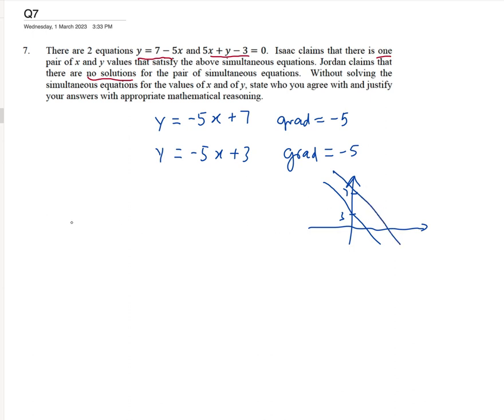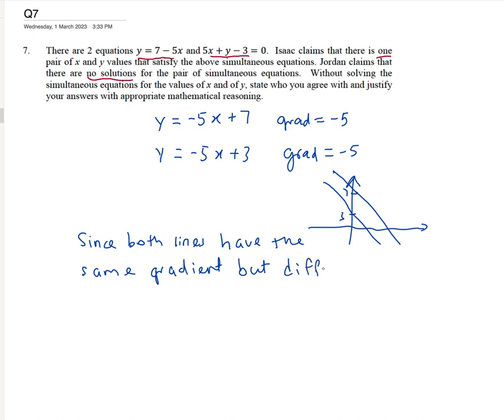So we say that since both lines have the same gradient, but different y-intercepts, therefore they are parallel.